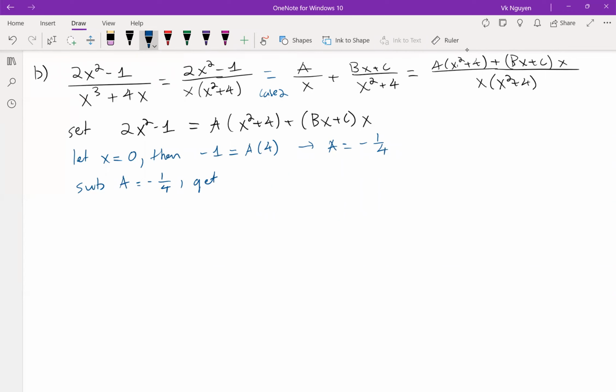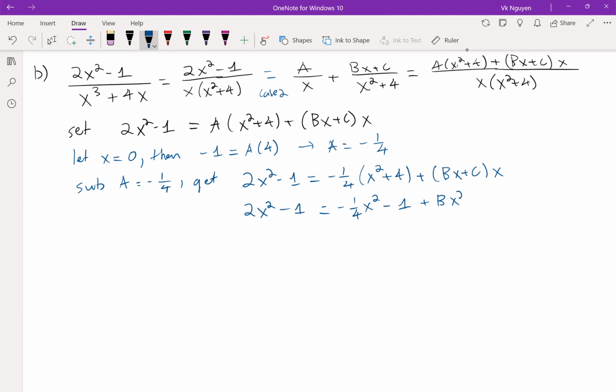Get 2x squared minus 1 equal negative 1/4 times x squared plus 4 plus bx plus c times x. 2x squared minus 1 equal negative 1/4 x squared minus 1 plus bx squared plus cx.